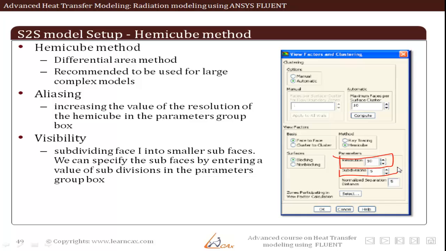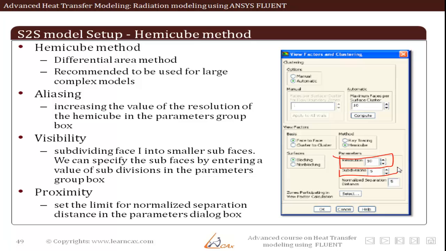The proximity assumption is violated whenever faces are close together in comparison to their effective diameter or are adjacent to one another. In such cases, the distance between the centroid of one face and all the points on the other face varies greatly. Since the view factor dependence on distance is non-linear, the result is a poor estimate of the view factor. For controlling this, we set the limit for normalized separation distance in the parameters dialog box, which is shown here.